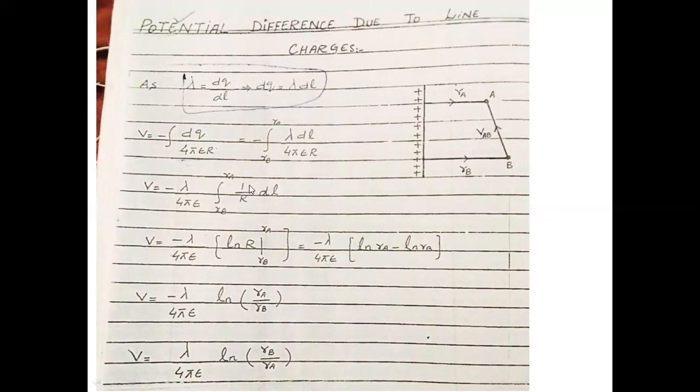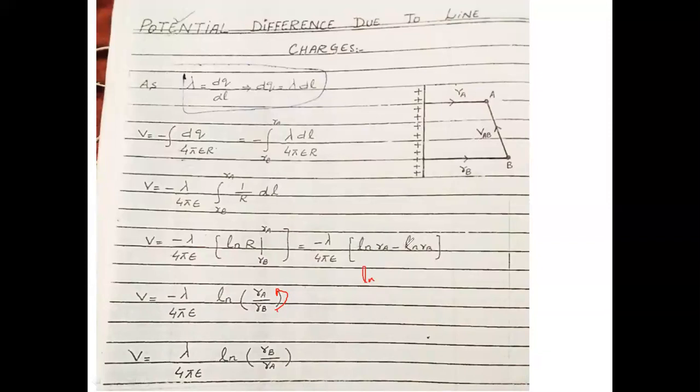As you know, the integration of 1 over x is equal to ln of x. Similarly we have 1 over r, so ln of r, integrating from Rb to Ra. Putting the upper limit minus the lower limit, ln of Ra minus ln of Rb. Applying the log formula, ln of Ra over Rb. If we invert these values, we are taking the minus as a constant.